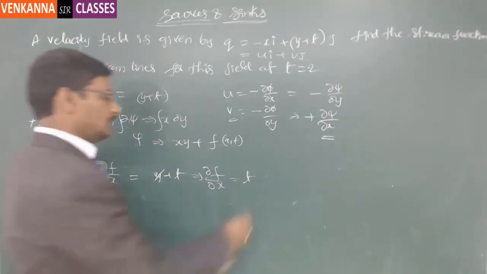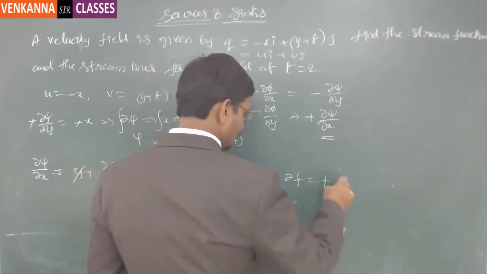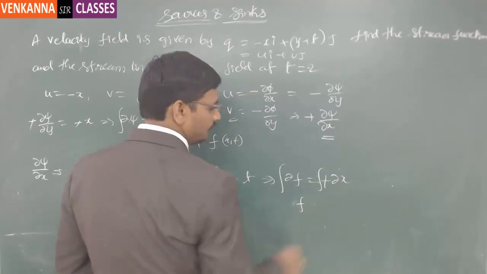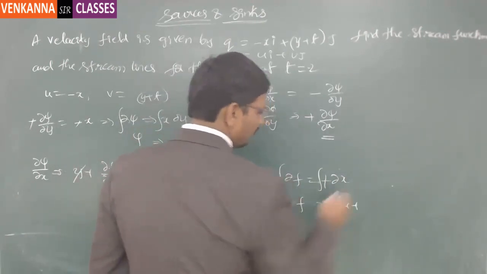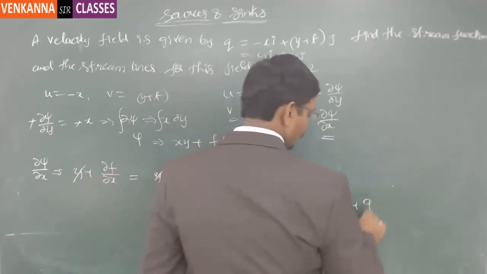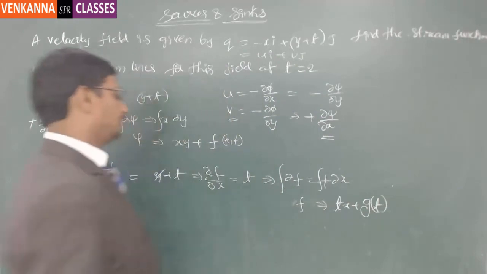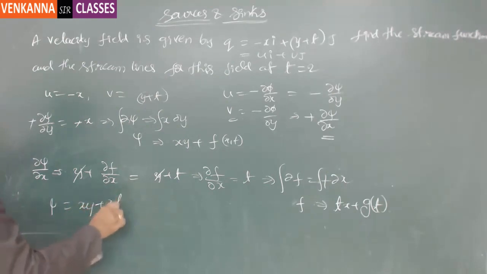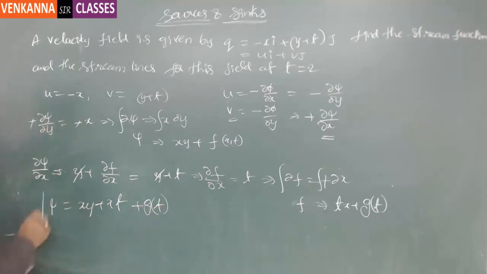If you integrate dou f equals t into dou x on either side, f is equal to tx plus some random function of t. I call this g of t. So if you substitute f here, psi is equal to xy plus xt plus g of t. So this is a stream function.